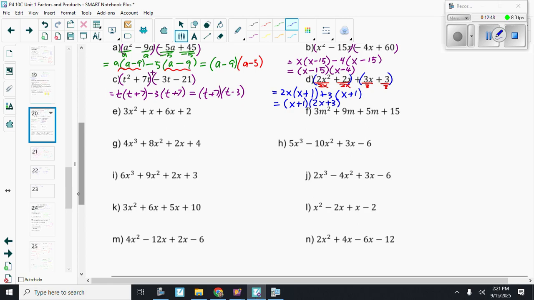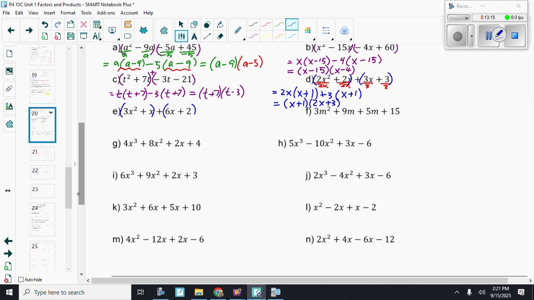So remember the first step when we're doing grouping is putting brackets around the first 2 terms and brackets around the last 2 terms. Then we're looking for a GCF. So we actually have to do it twice. Can you tell how important greatest common factors are? We just need lots and lots of practice because we do them on their own, and then we also do them again when we're doing grouping.